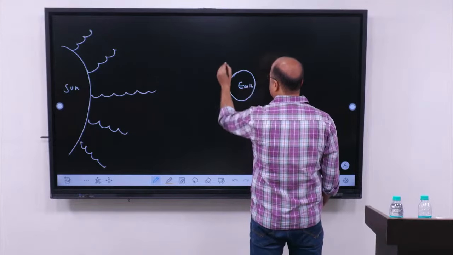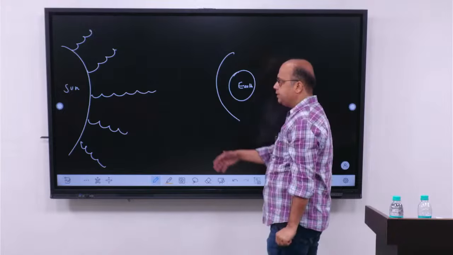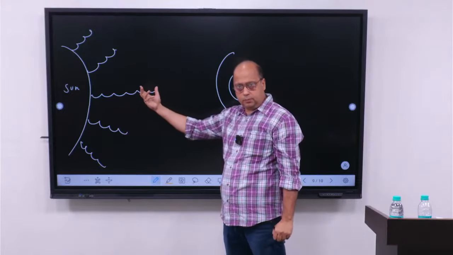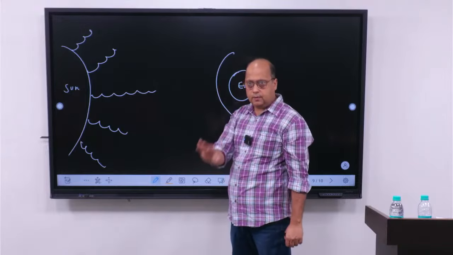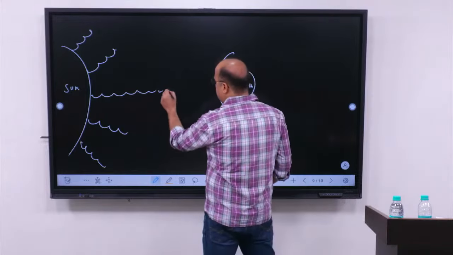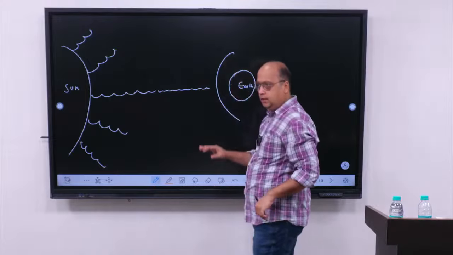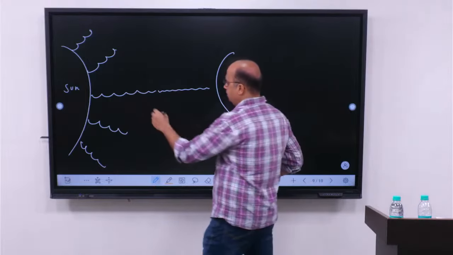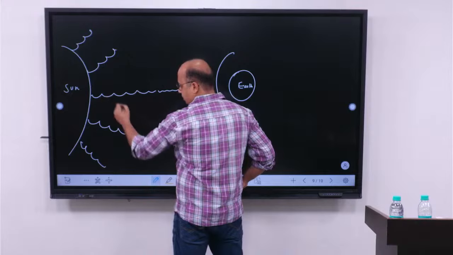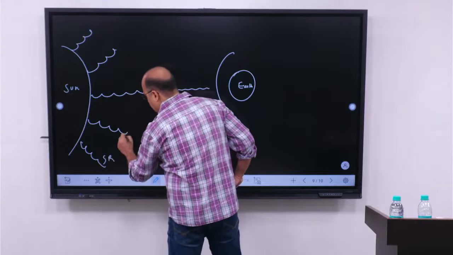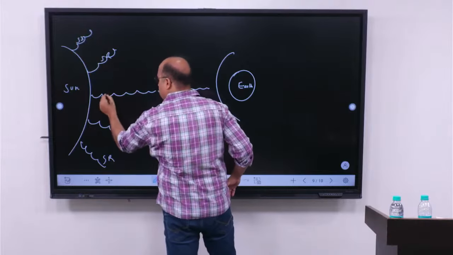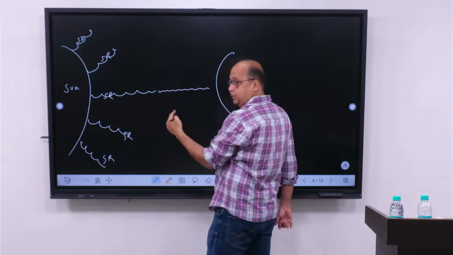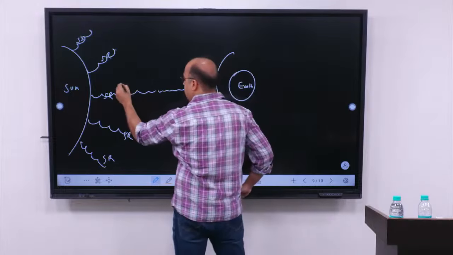The earth receives only part of the radiation, not all of it. As this radiation comes towards Earth, these are all solar radiation. SR stands for solar radiation. This is also solar radiation, but it has a specific name. It is incoming.